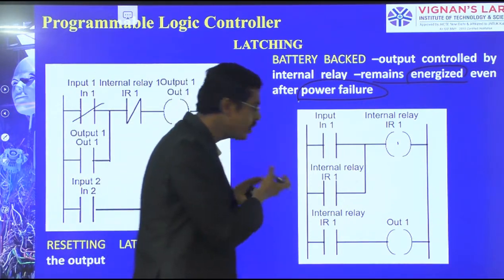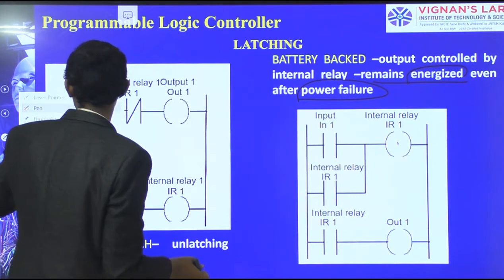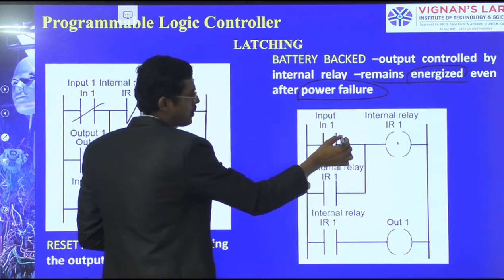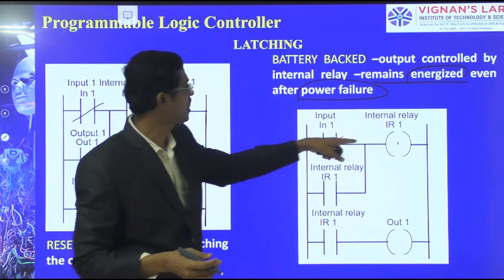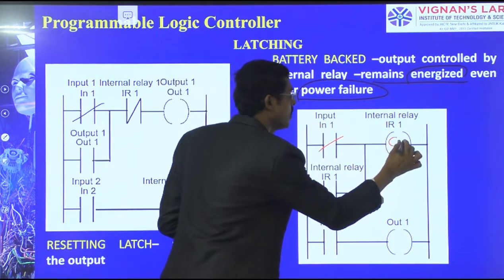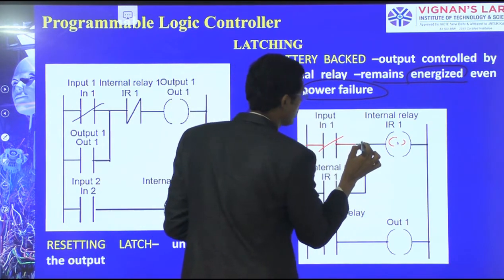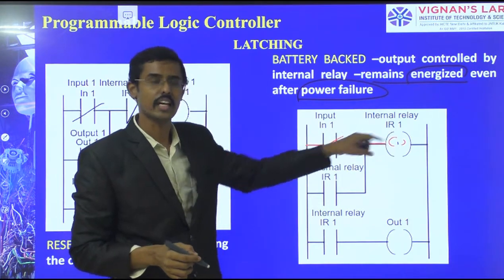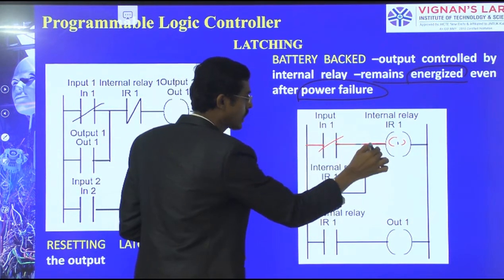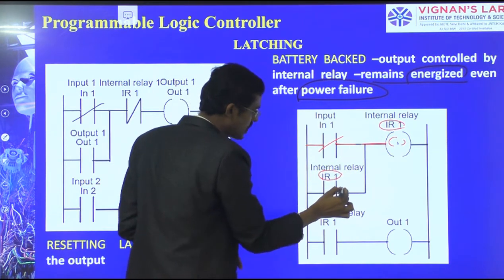It means that it is going to take a relay coil. See, now I am giving input 1 first. The push button has been pressed, and now the internal relay coil has been activated. After the power supply has gone through, when internal relay coil 1 is activated, it also activates the below internal coil 1, IR1.